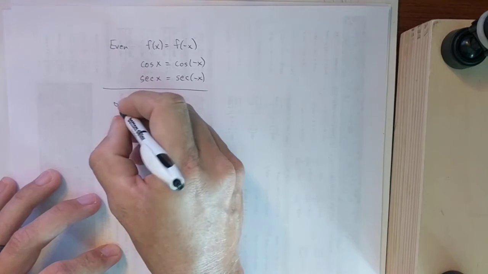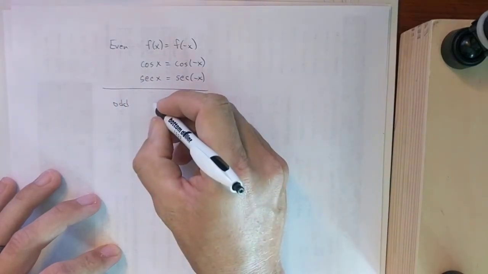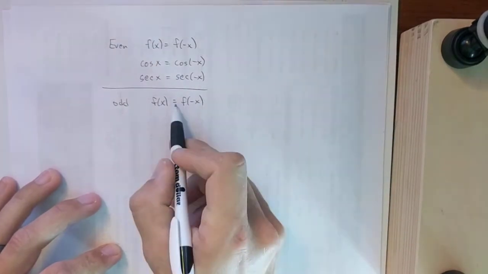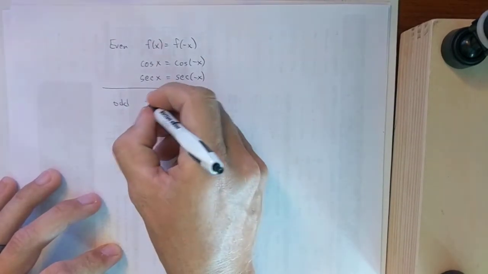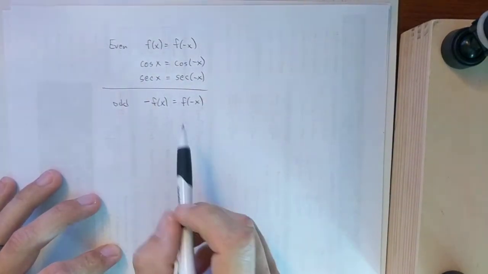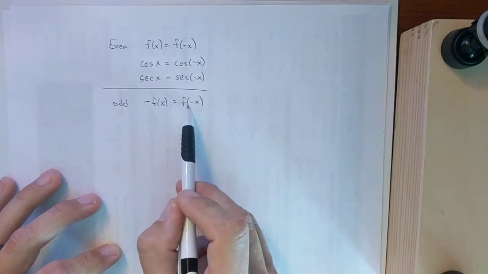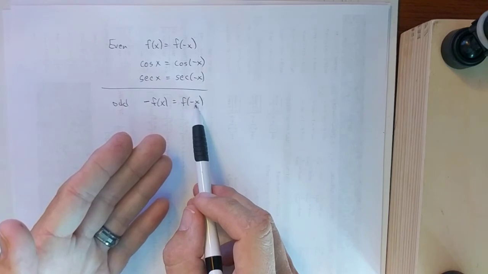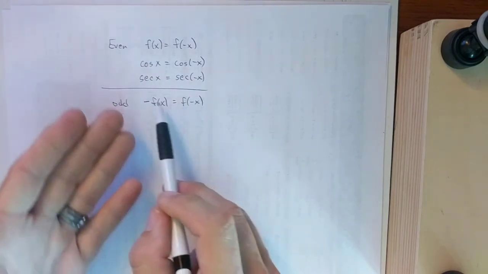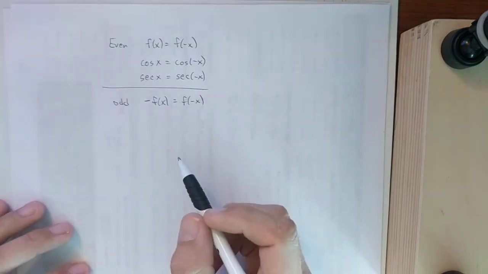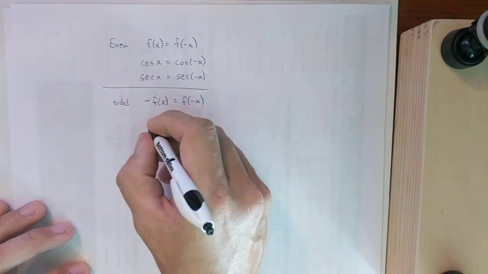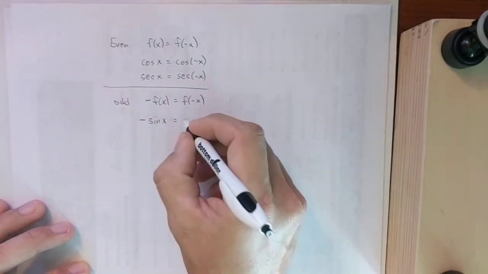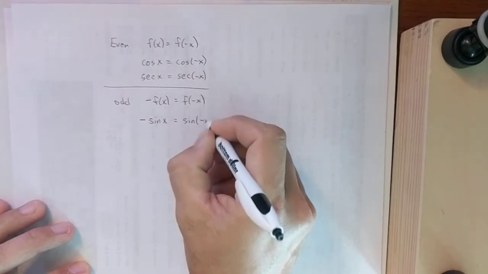And then the odd functions say, f of x and f of negative x are not equal, but they're exact opposites of each other. So if you change the angle to its opposite, then the value that you get is the opposite sign. That's all the rest of them, right? So the opposite of sine of x is the same thing as the sine of the opposite of x.